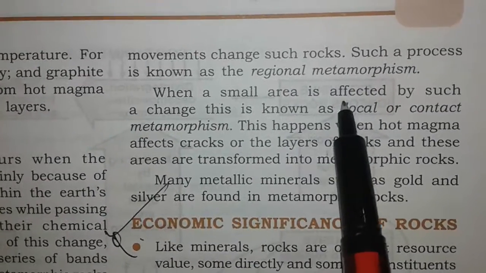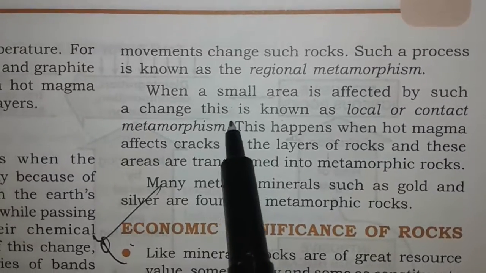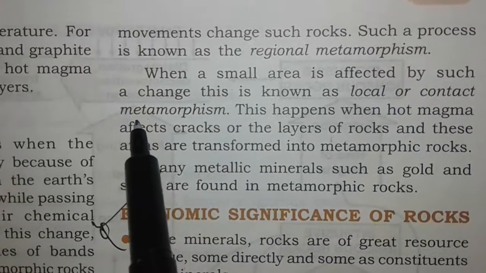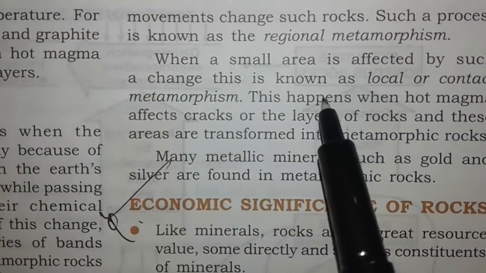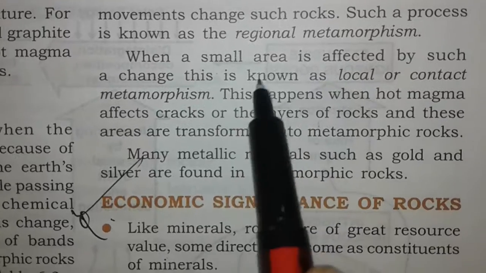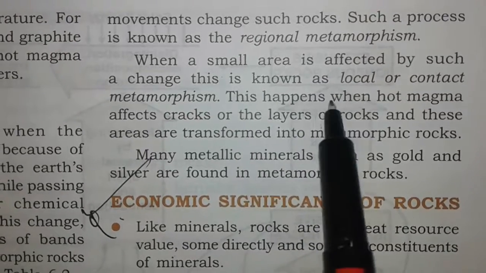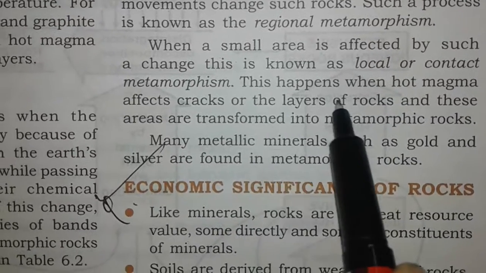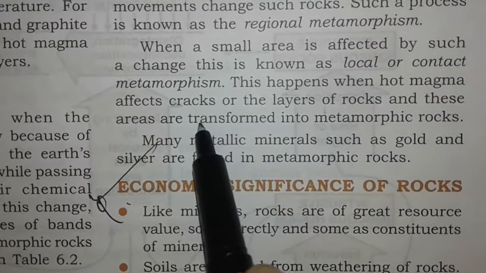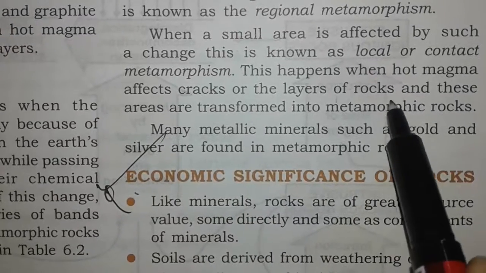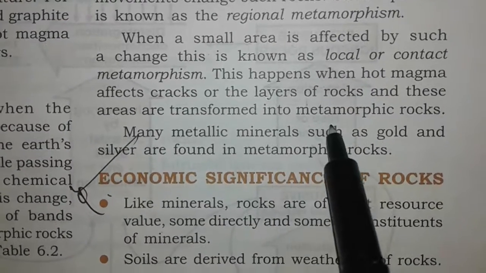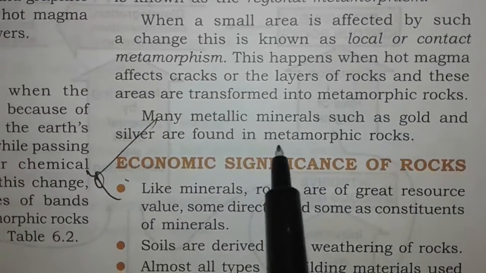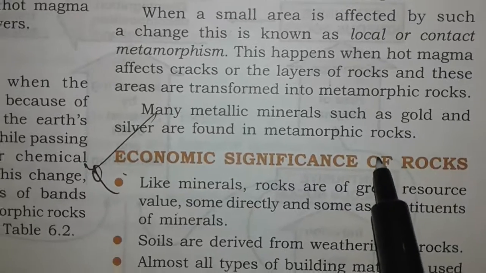When a small area is affected by such a change, this is known as local or contact metamorphism. This happens when hot magma affects cracks or layers of the rocks, and these areas are transformed into metamorphic rocks. Many metallic minerals such as gold and silver are found in the metamorphic rocks.